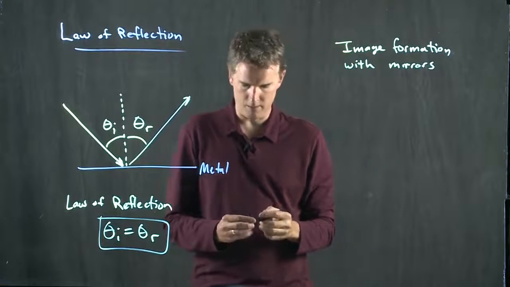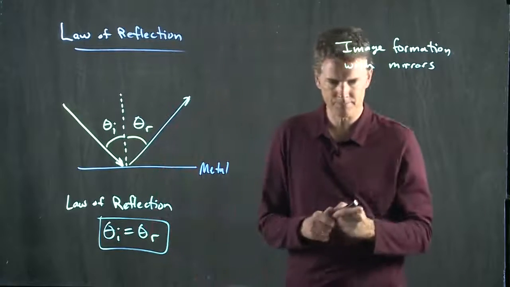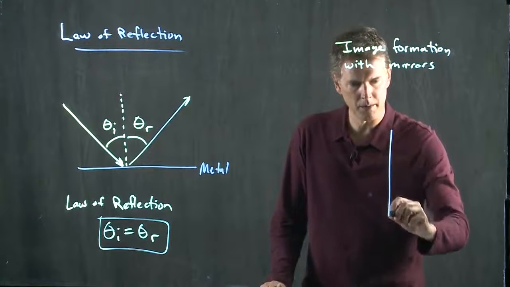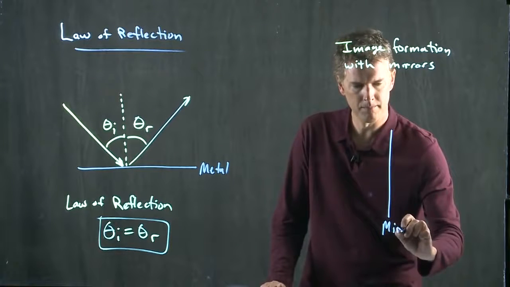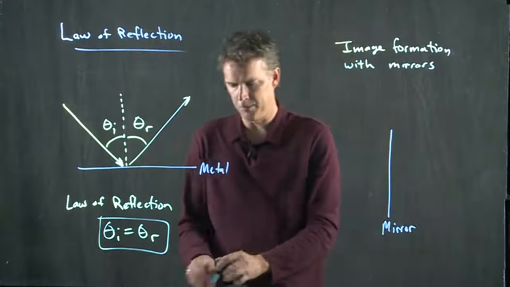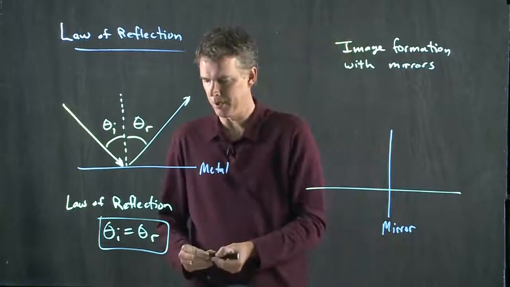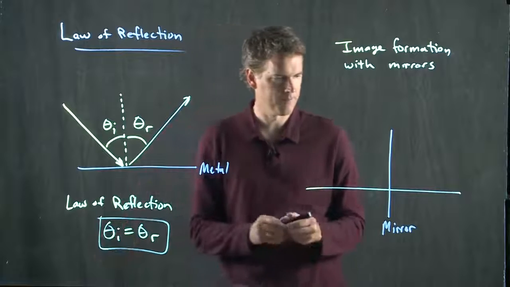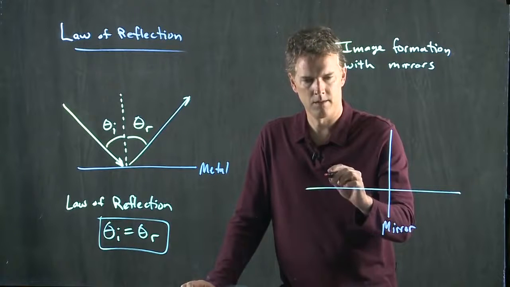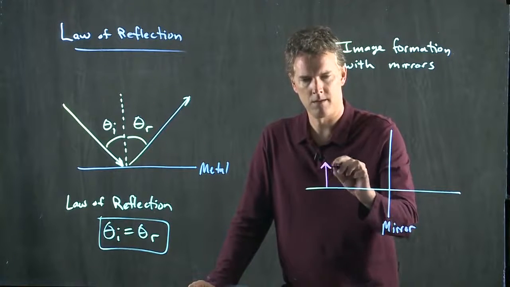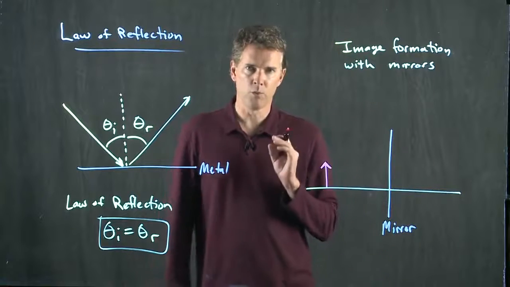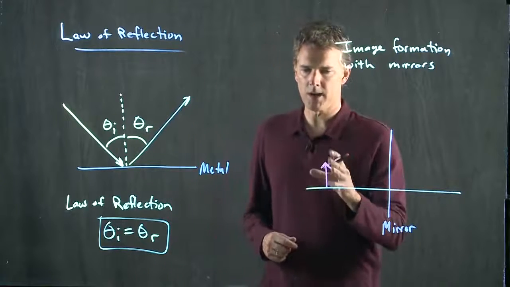So let's draw the following picture. We've got a metal mirror that we're going to make vertical. Let's put in what we call the optic axis, and let's put an object right here. What do the rays from that object do?